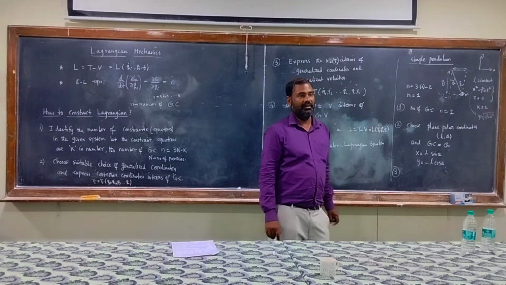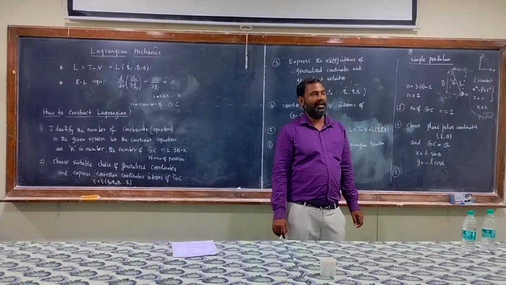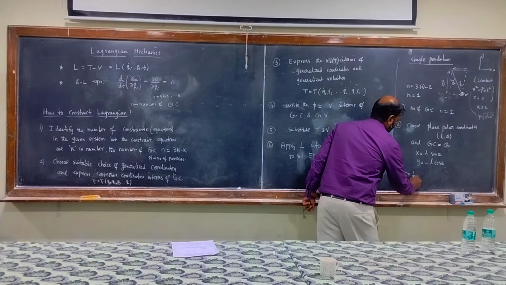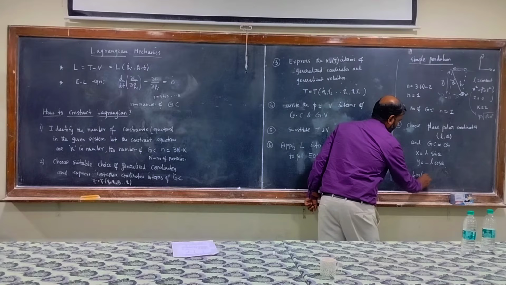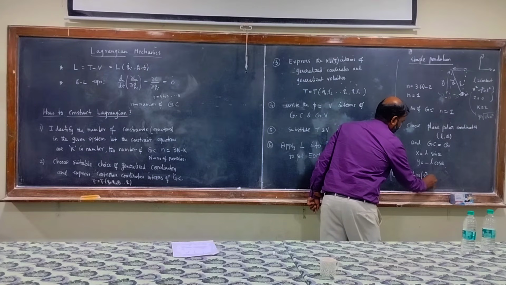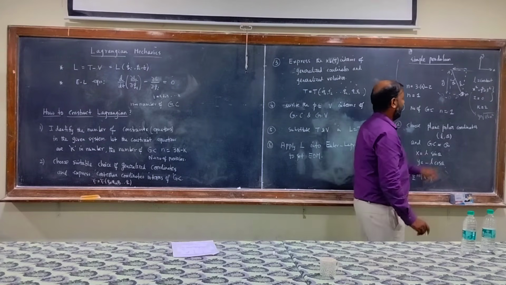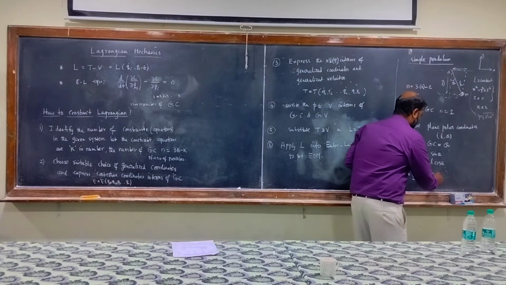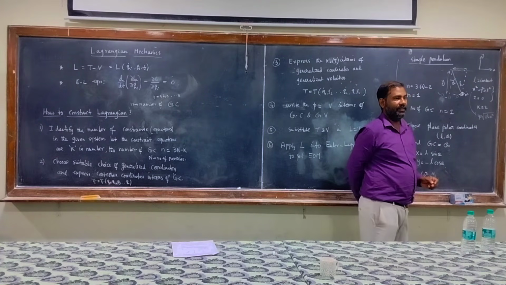The kinetic energy. What is the kinetic energy? T is equal to 1 by 2 m (x dot square plus y dot square), and z dot is equal to 0 since it is not going out of the plane. This is the kinetic energy.